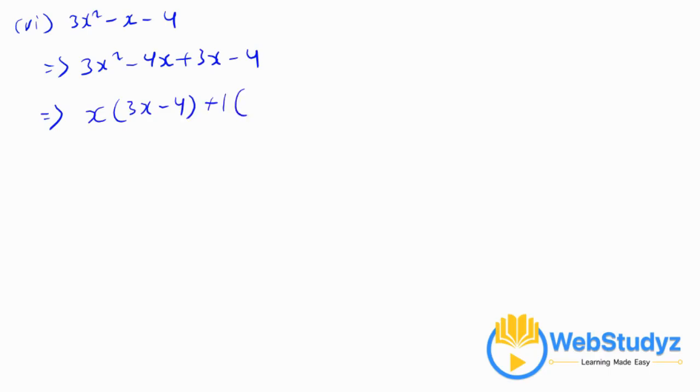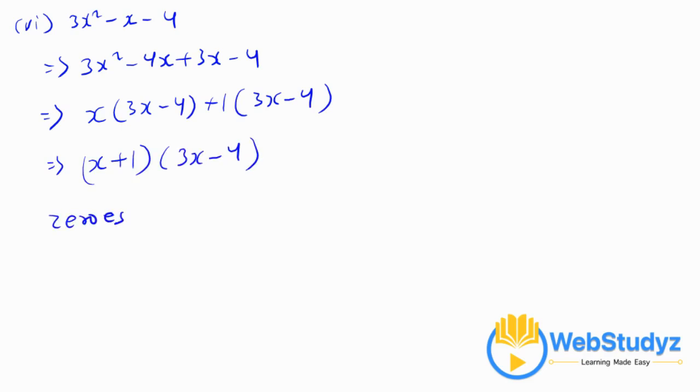Again, if we take one common inside we get 3x minus 4. So this will give us the factors as x plus 1 and 3x minus 4. So the zeros will be minus 1 and 4 by 3.